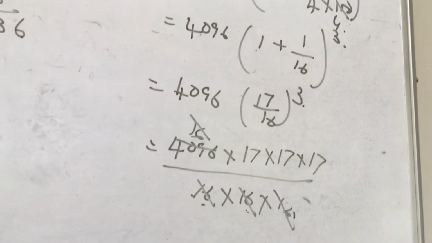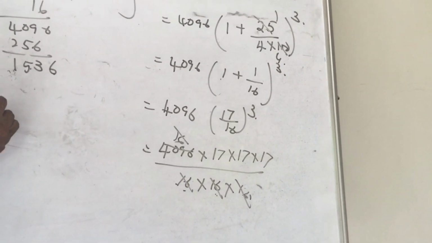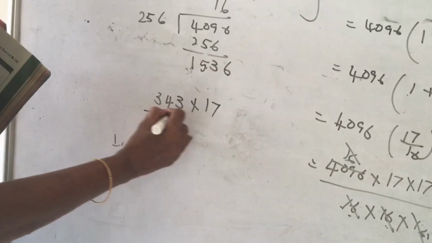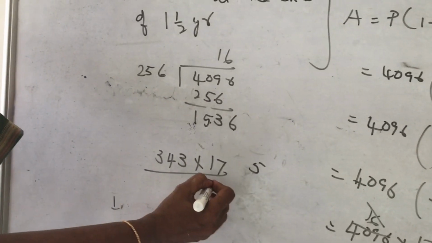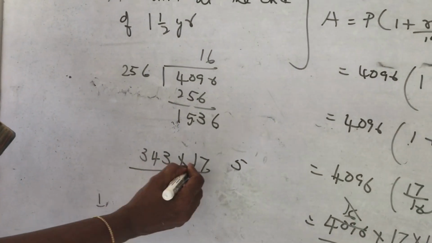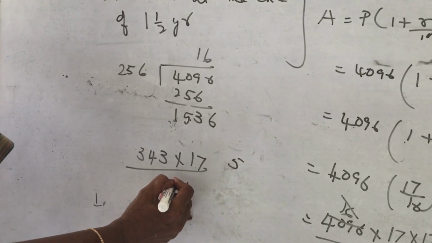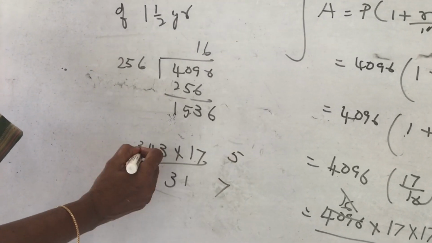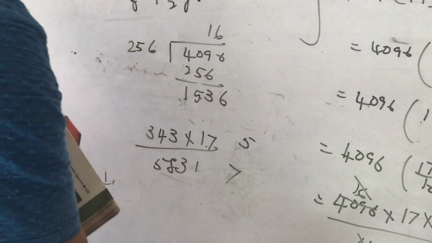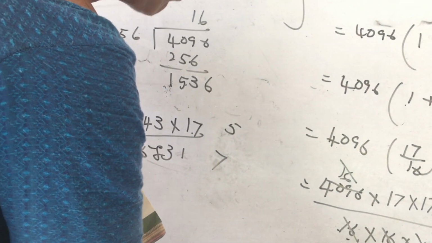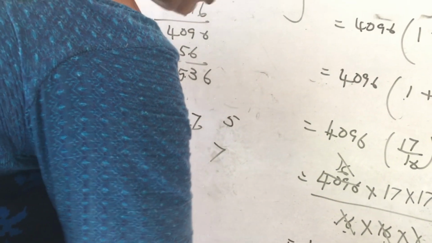Yes, and 17 17s are 289, into 17. 17 3s are 51, 17 4s are 68, 17 fours are 68 plus 5, 73. 17 threes are 51 plus 7, 58. That is equal to rupees 5831.